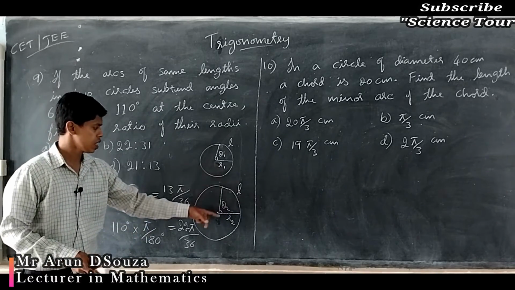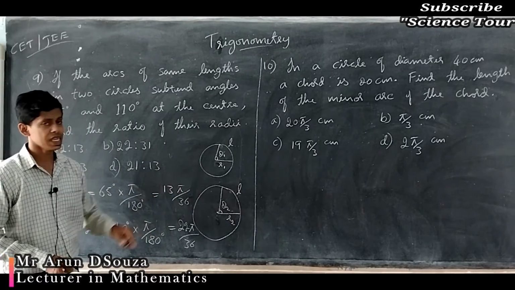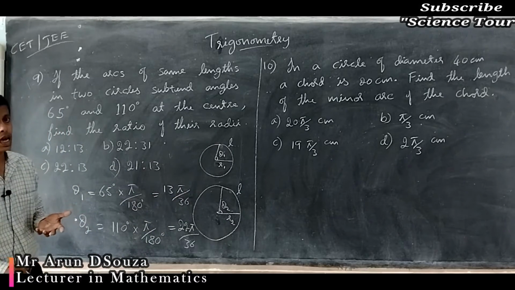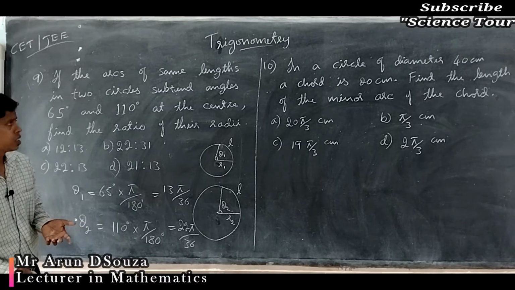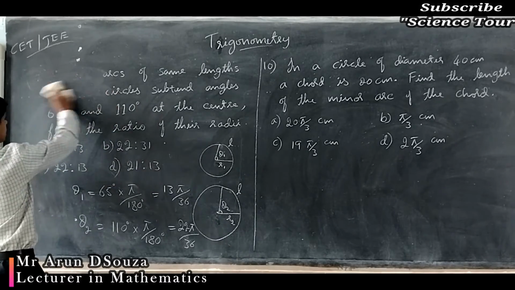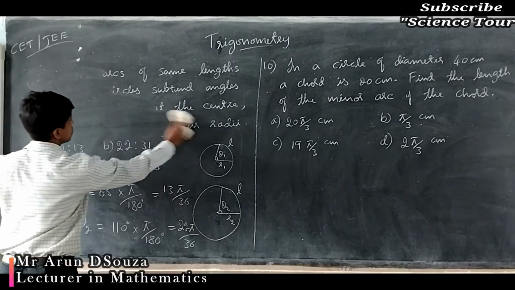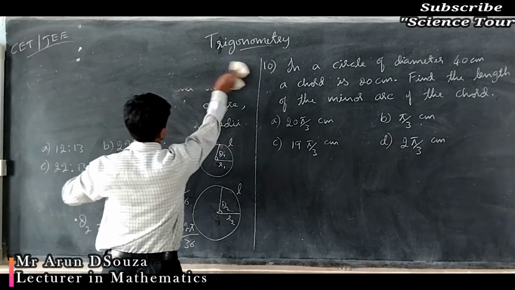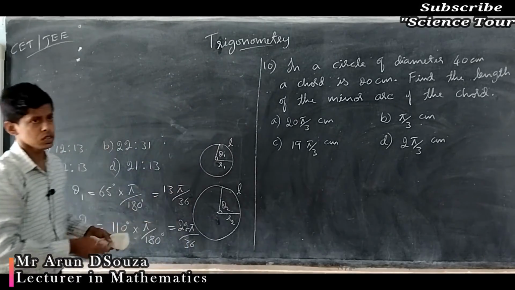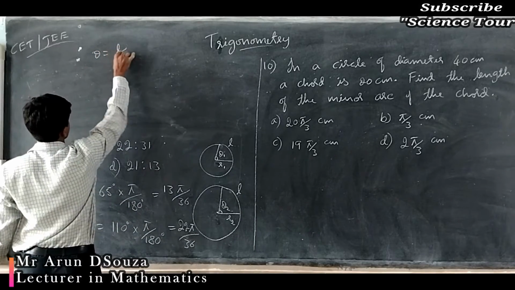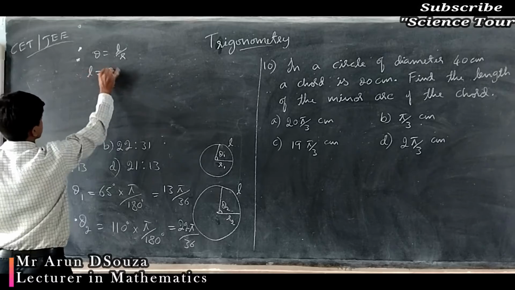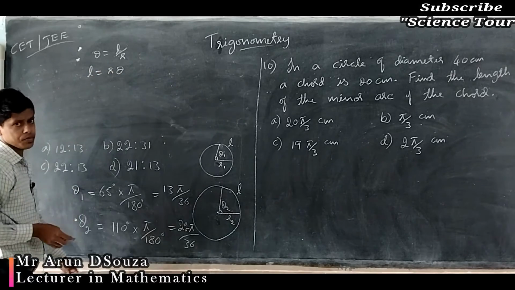We don't know what is R1 and R2. We don't know what is L. Both the arc lengths are equal here. Okay, and we'll use the formula now, and let's see how it goes. So what you know is theta is equal to L by R, therefore L is equal to R theta, correct.